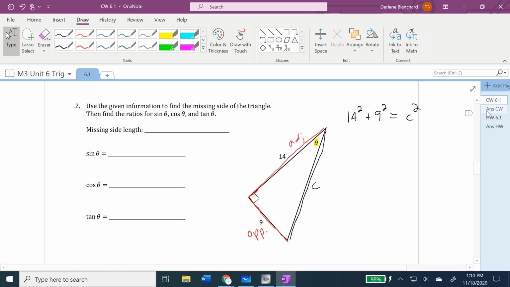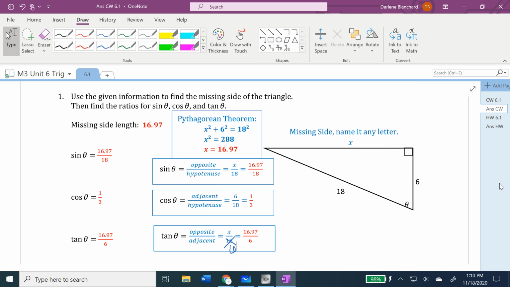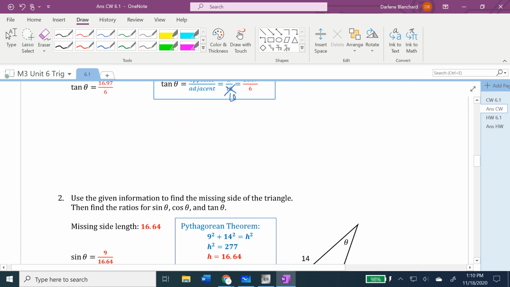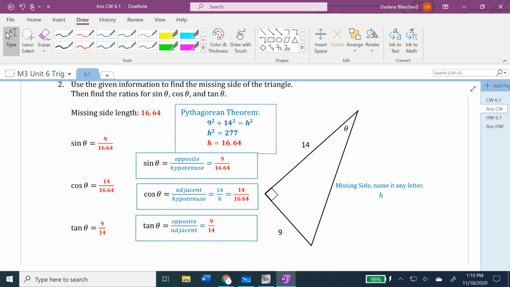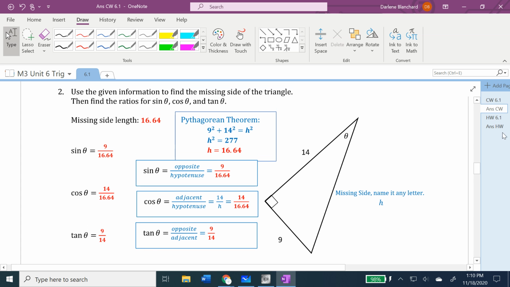I'm going to go ahead and put the answers up. And so you should be getting these values, unless I screwed up again, of course.